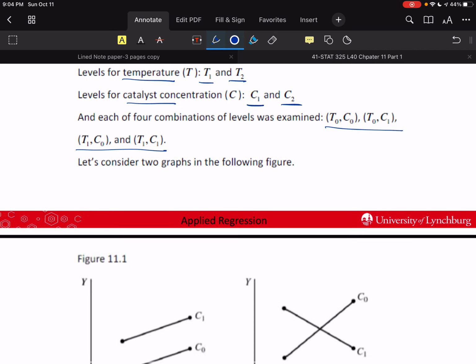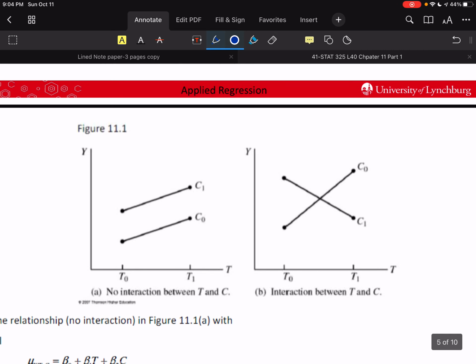So let's look at these 2 graphs. We're saying that there's no interaction in this graph, and I want to show you how to discuss this graph. Here, we are fixing C at C0. This point is T0, C0, and this point is T1, C0.